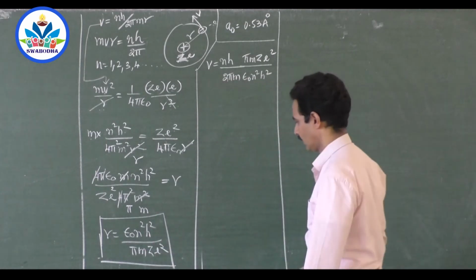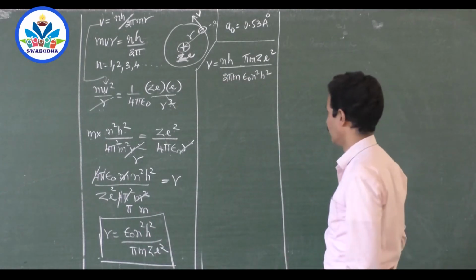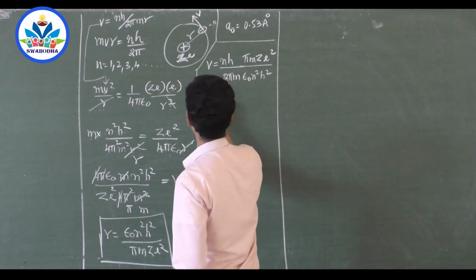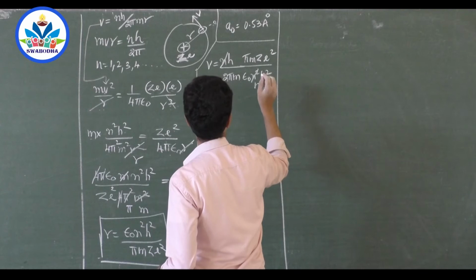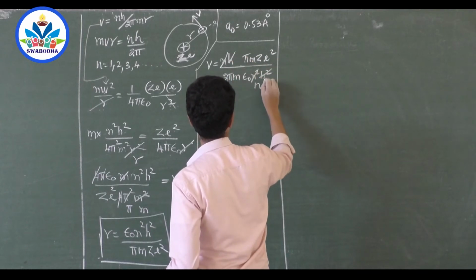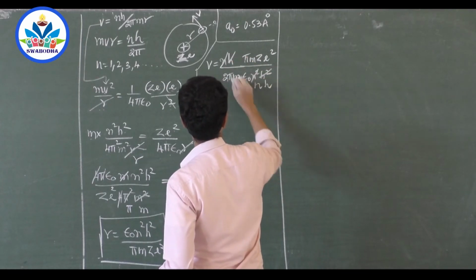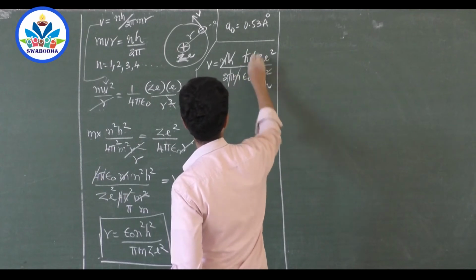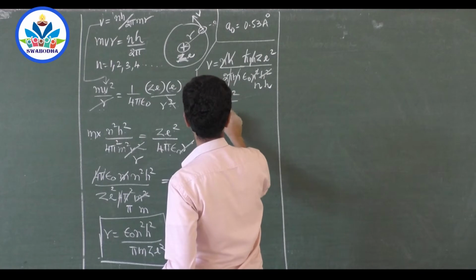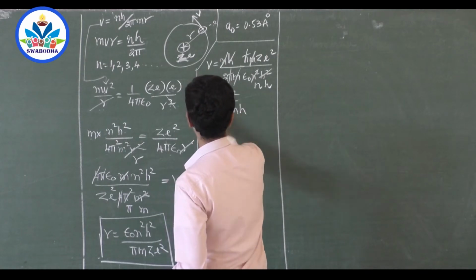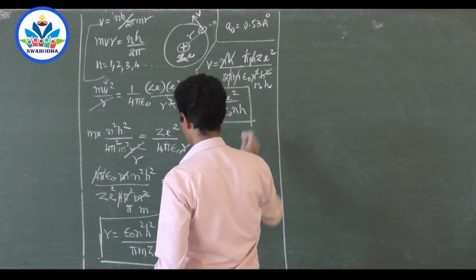No z in the exam, right? What is v? v is equal to 1 n getting cancelled and 1 h getting cancelled. 1 pi completely cancelled, m completely cancelled. z e square divided by 2 epsilon naught n h. This is the velocity equation.